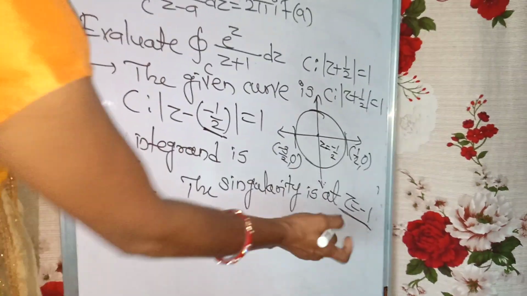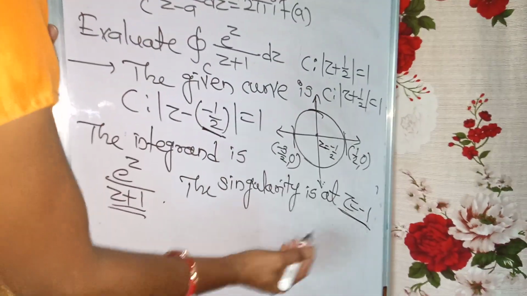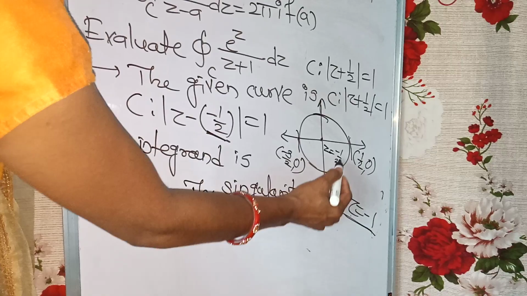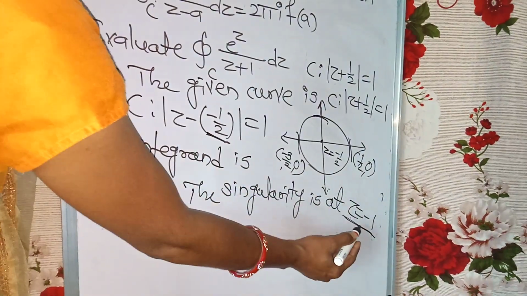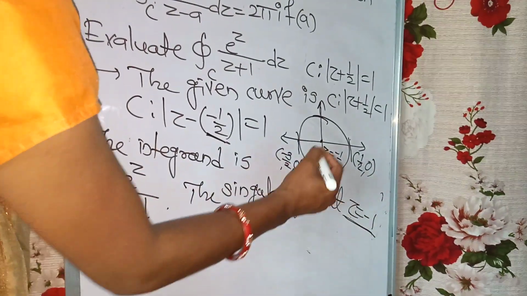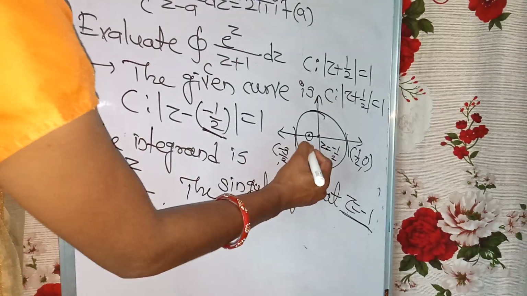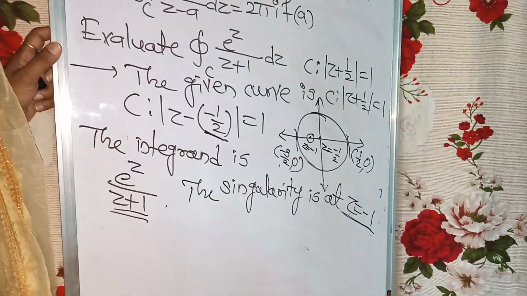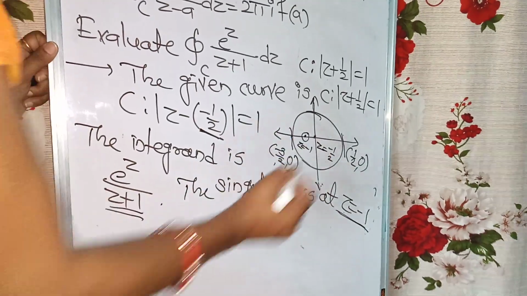Let us locate this singularity z equal to minus 1 within the circle. Observe the value z equal to minus 1 by 2, and this side is z equal to minus 3 by 2. So obviously z equal to minus 1 will be lying somewhere here on the x-axis, and as you observe, the singularity point lies inside the circle.